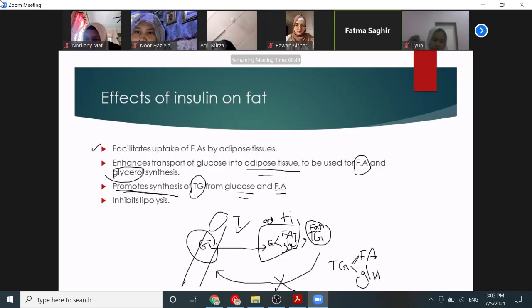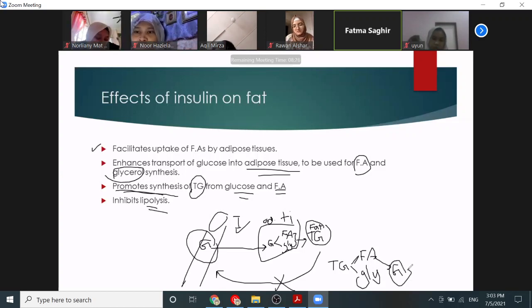Okay, inhibit. Of course, if we have fatty acids, it means we can get glucose, because insulin is trying to minimize glucose. So that's why insulin inhibits lipolysis. Why? Because you can see the end result is glucose.